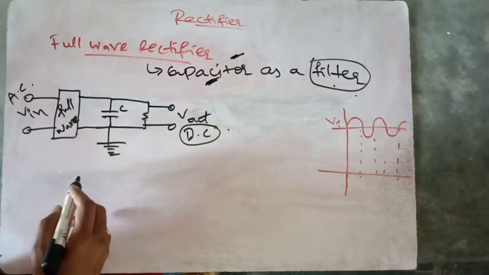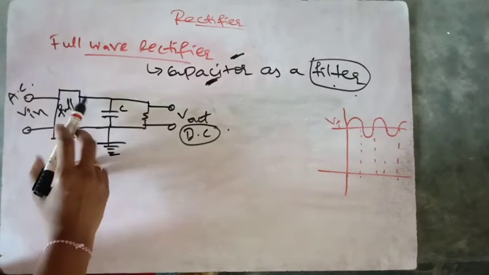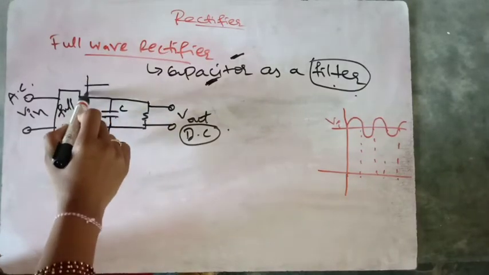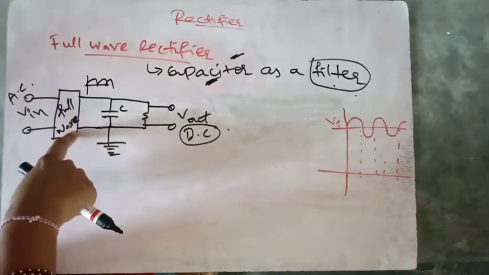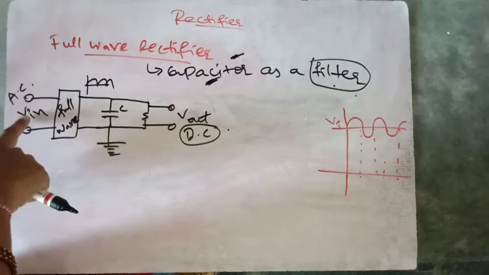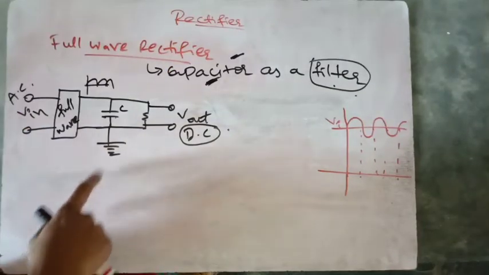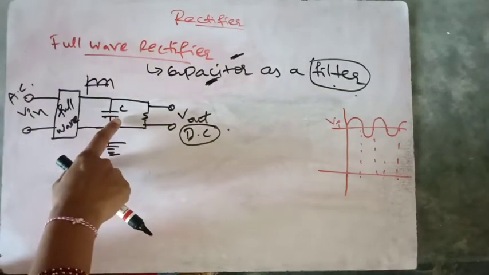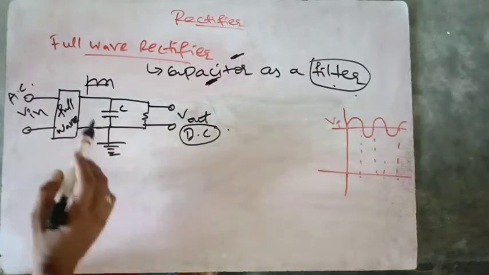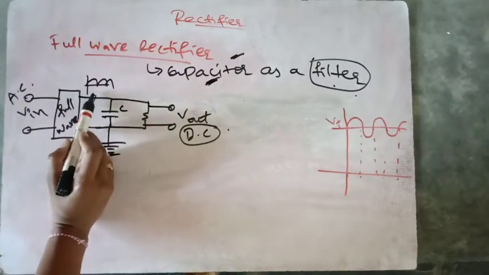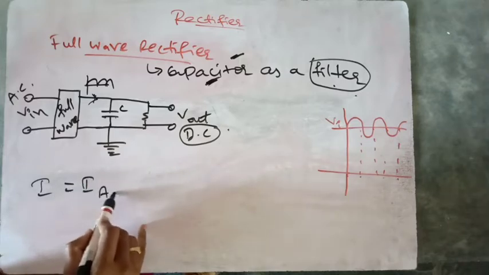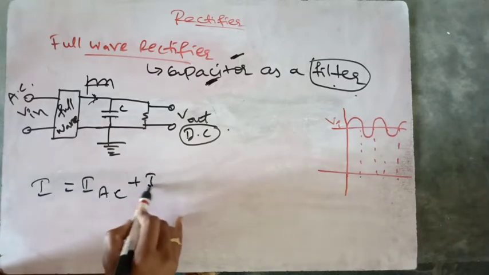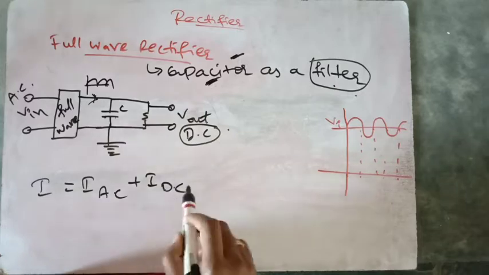Now we have the output voltage for this full wave rectifier for the given input AC voltage. Now I am using this capacitor. What happens? Here the current is a combination of AC current and DC current.